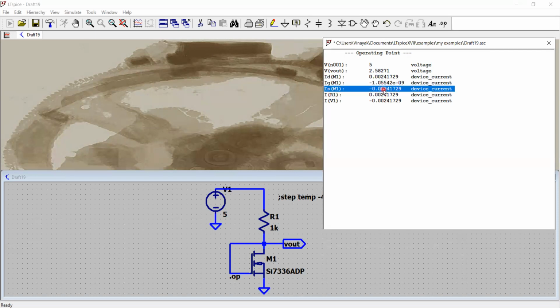And the source current will be the gate current plus the drain current. The negative sign indicates the opposite direction of flow. The drain current is incoming, the source current is outgoing, and the gate current is also showing incoming. Okay, so incoming current right here.